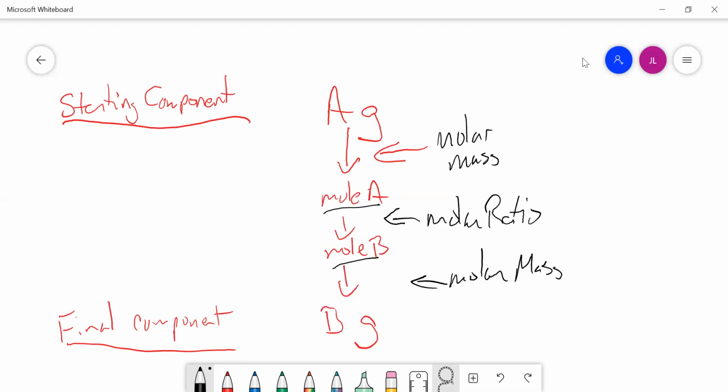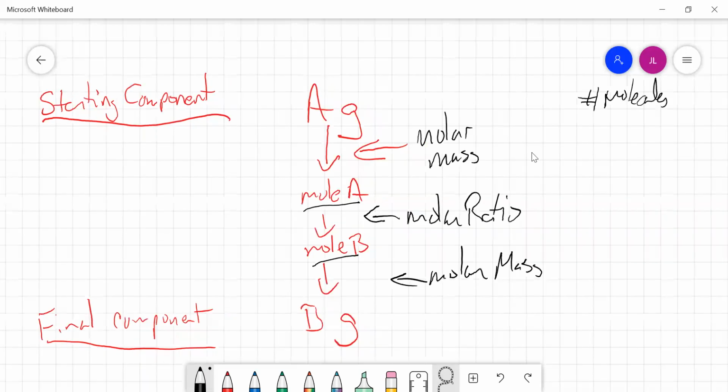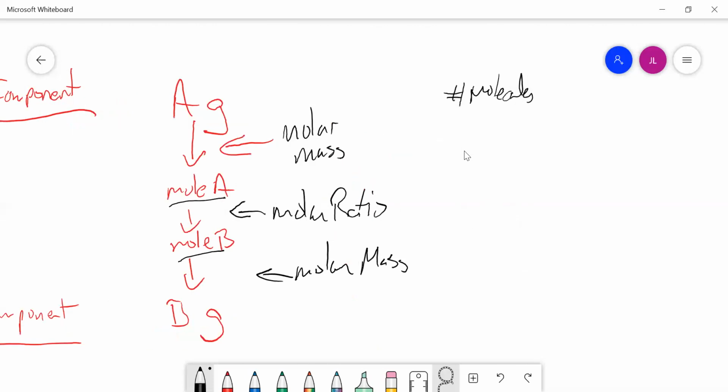And maybe you're looking at number of molecules. Number of molecules of A, I want to get to moles of A, and then moles of B, and then grams.